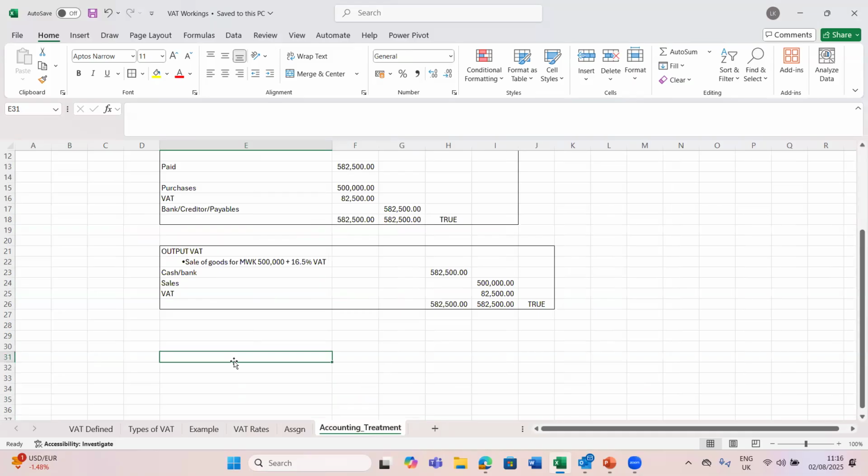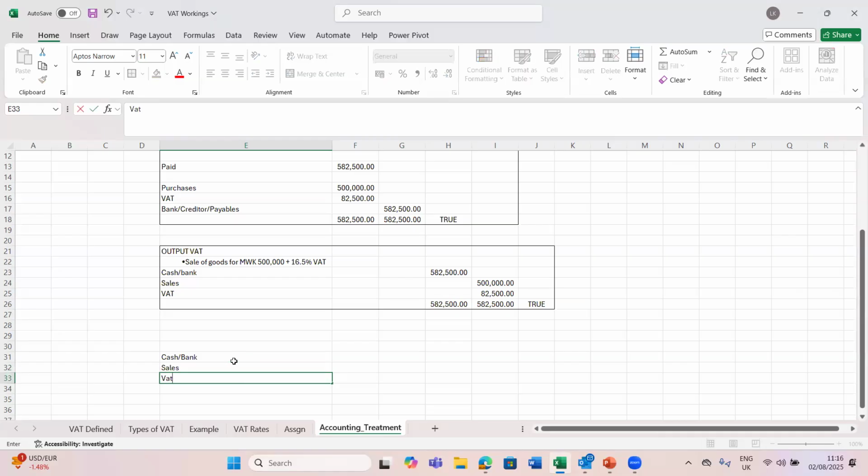So let's look at the accounting treatment. We're saying sales, or let's start with cash, cash or bank. That's the one we'll debit. Then the credit will be sales, and the other credit will be VAT.